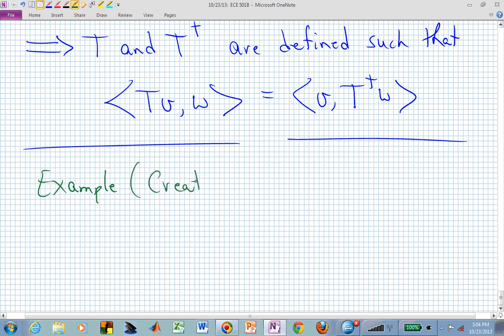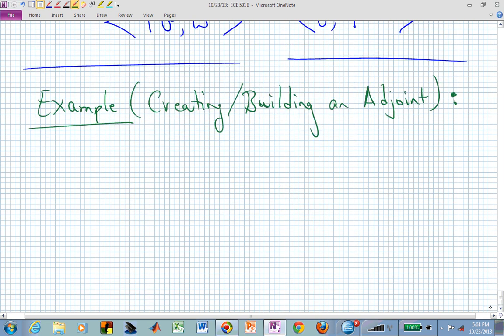And really this example should help show you how we're building this new map. It's not yet an operator. We can restrict it to that later, but for now it's just a map that we're calling an adjoint.